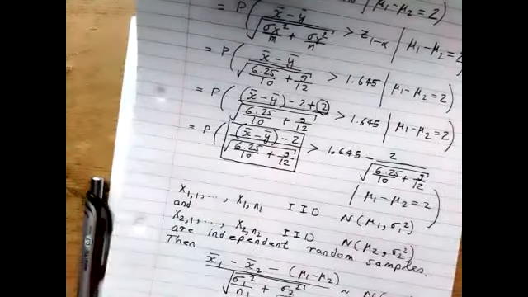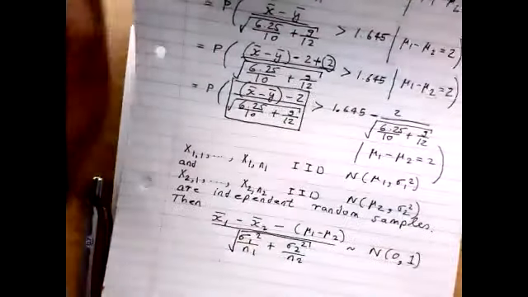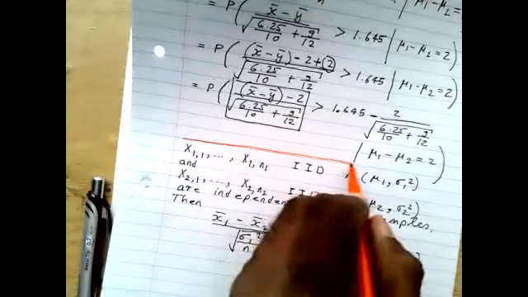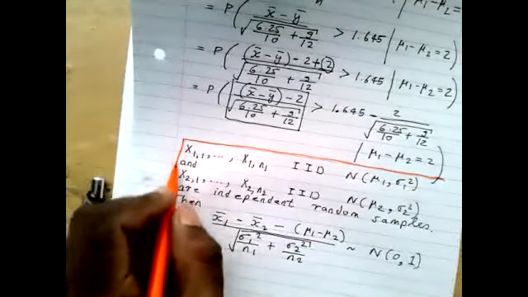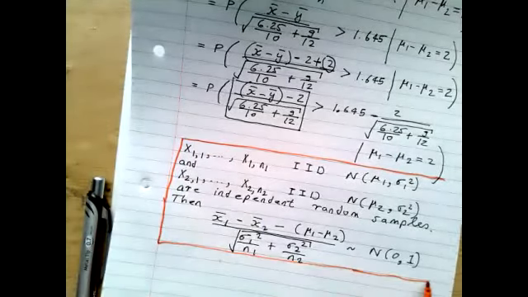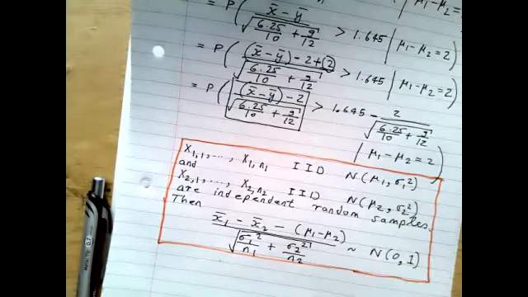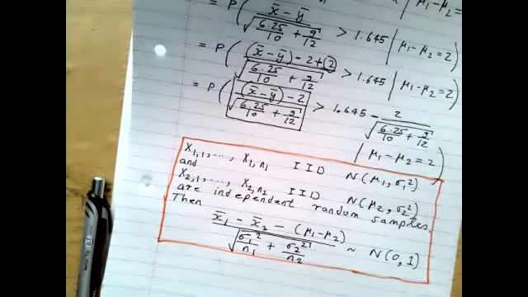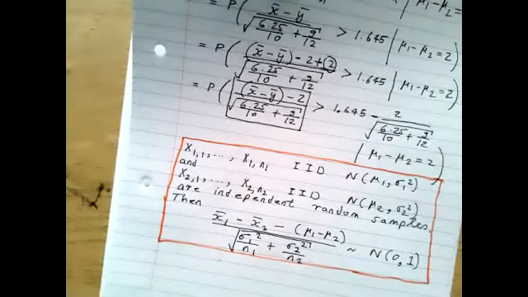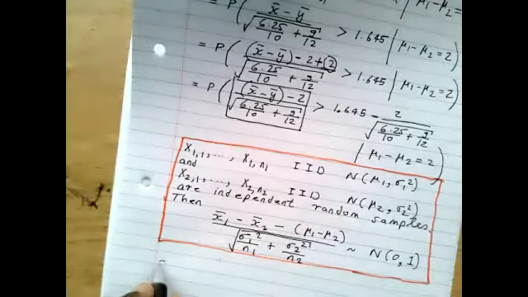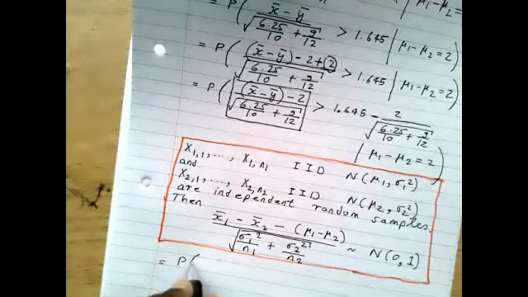If you don't remember this result, please look back at the video on the two sample confidence intervals. Let me put this in a box. Using this result, we can say that this guy here must have the standard normal distribution.